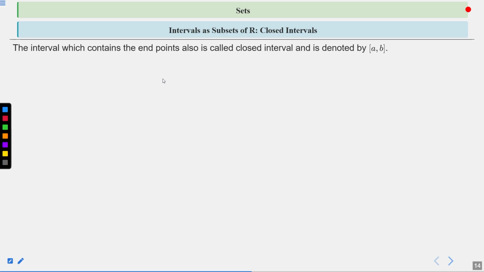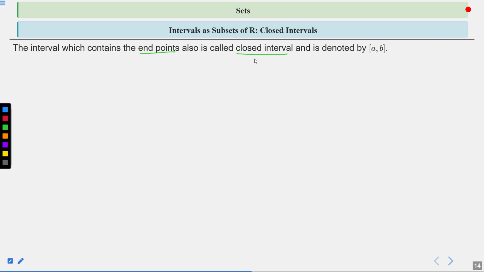Now, the closed interval, which contains the endpoints, is called a closed interval. Simple. So, we just saw the open interval in which we do not include the points A and B, the endpoints.